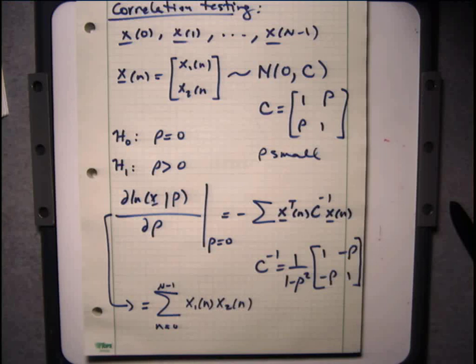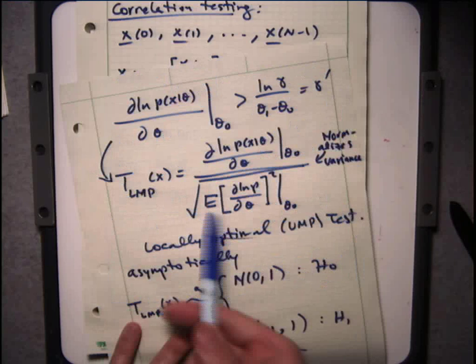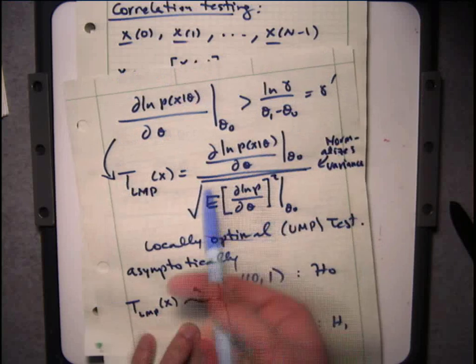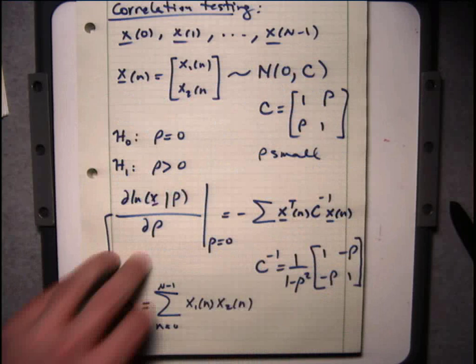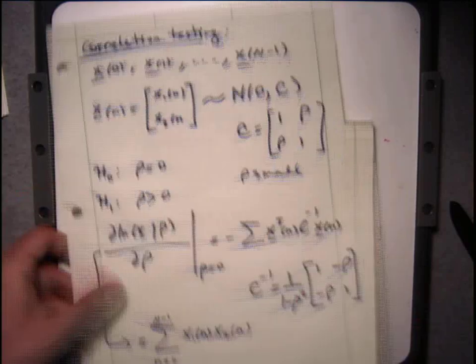Which in retrospect is not terribly surprising, because what you're trying to test is correlation, and what you're measuring is something like a correlation in this numerator. But we also want to normalize it in the way that I just described here with this denominator. So I'm just going to show you what the Fisher information, it's not a matrix in this case, looks like.